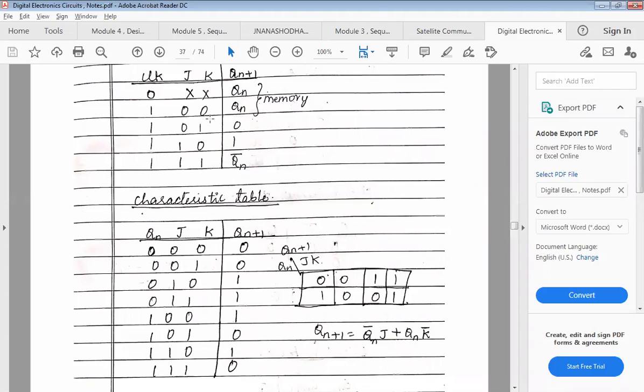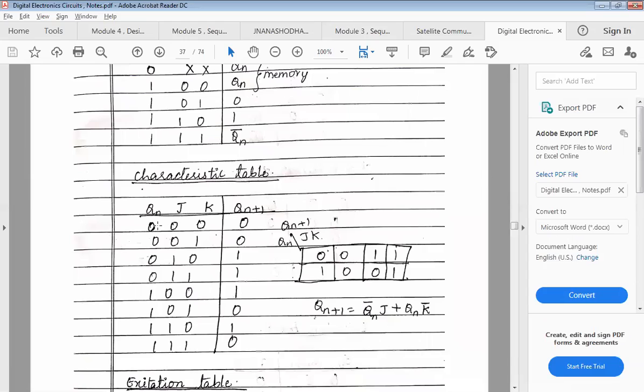So 0, 0, nothing changes, same memory remains. Then 0, 1, 0 comes, 1, 0, 1 comes, and 1, 1, which in SR is invalid, here is the complement of memory, which is Qn bar, right?